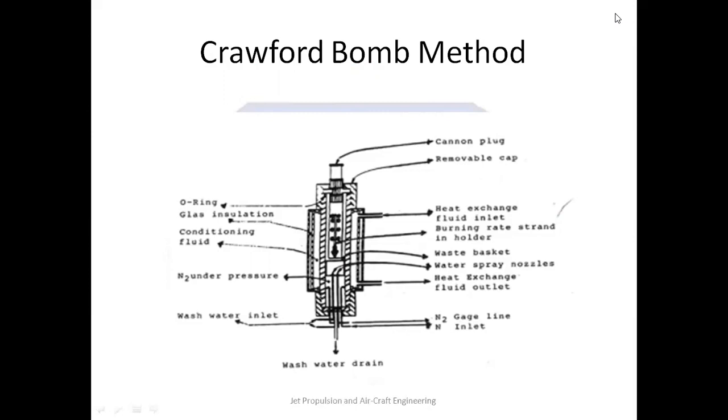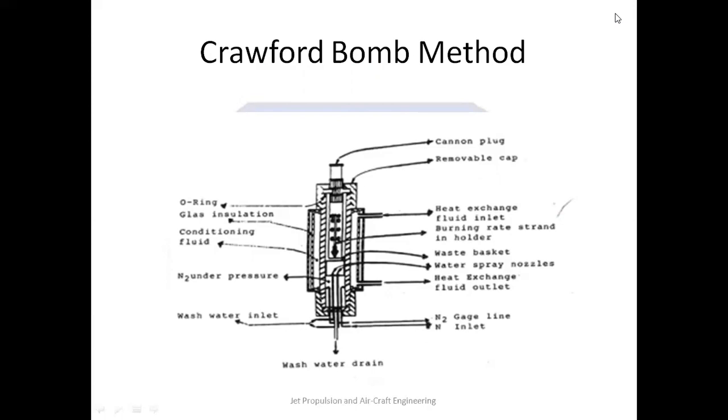Now, the fuse wires are connected to an electronic timer and the strand is mounted in a closed chamber pressurized by an inert gas like nitrogen, as you can see in the diagram. The desired constant pressure in the bomb is maintained during combustion by use of a large surge tank of inert gas.